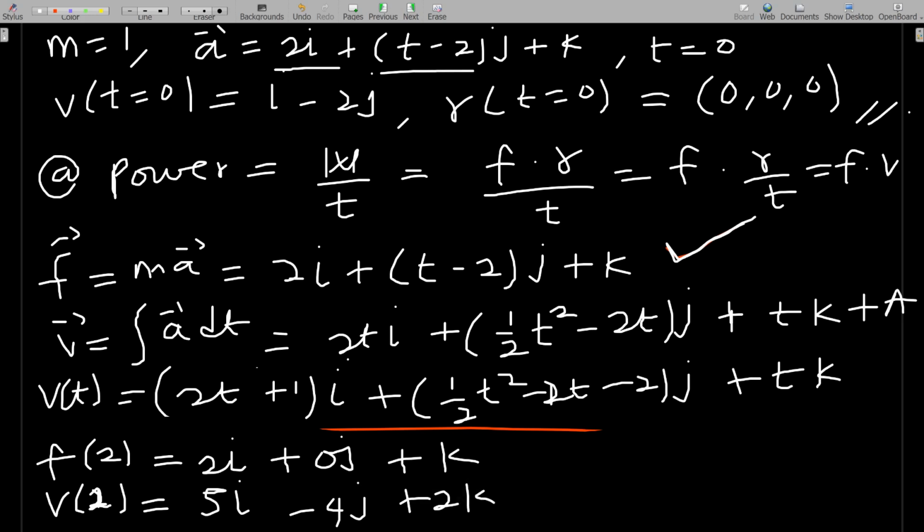Meaning that my power, which is equal to F dot V, is simply dotting these two vectors.